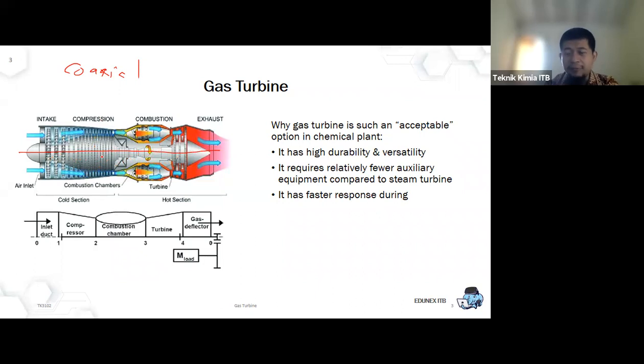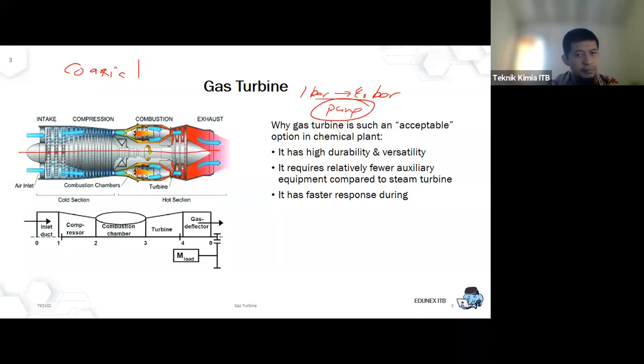And in fact, the one that rotates the compressor in gas turbine is not external energy, unlike in the Rankine cycle. When you want to compress the water from 1 bar to, suppose, 40 bar, you are using a pump here.